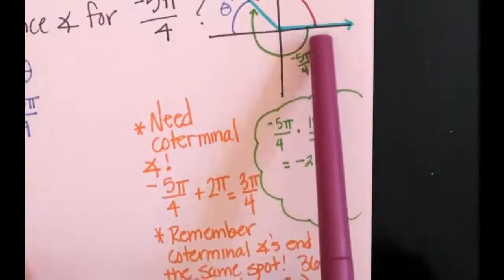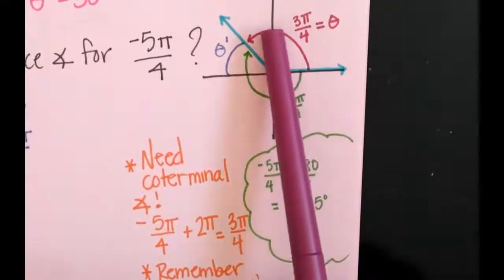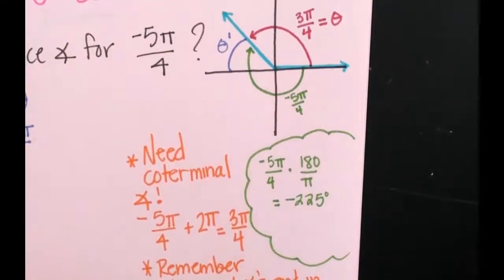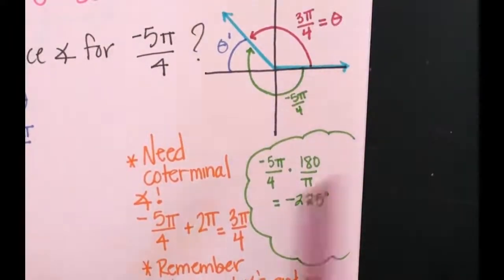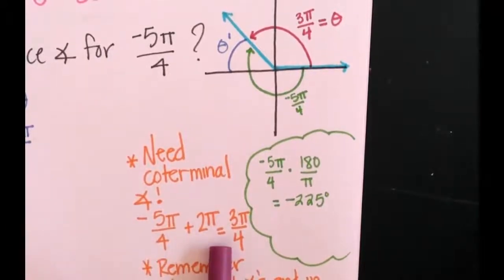If the whole thing's going to add up to 360 degrees, 2 pi, and I subtracted the negative 5 pi over 4, what I find out is the leftover is 3 pi over 4. I'm hoping what you can see is that if we did do that, that's an 8 pi over 4, so all the way around is 2 pi.